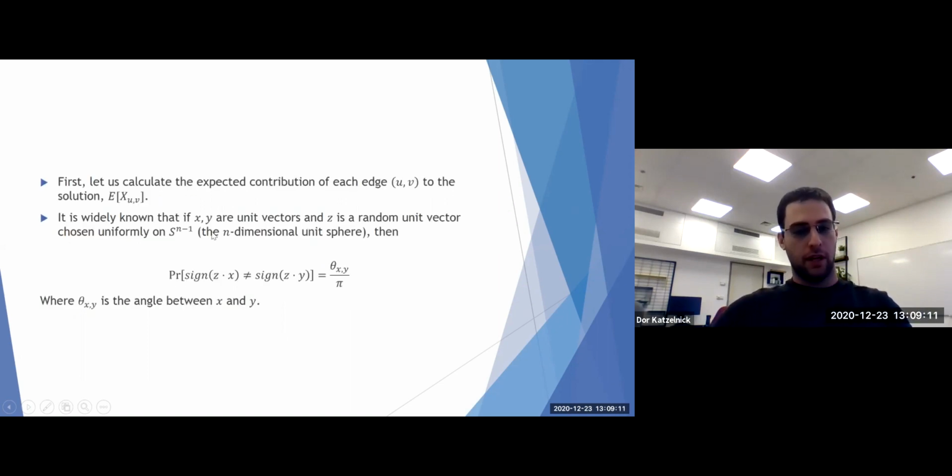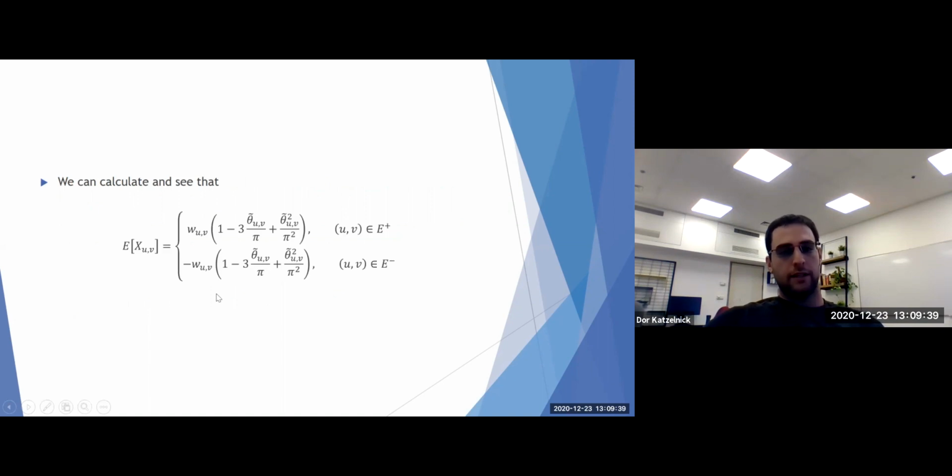Now, when we have this fact, we can use it to calculate the expected contribution of every edge. If you look at the algorithm, what we did is take one random hyperplane, then choose one of the clusters at random, and split it with another random hyperplane. So you can calculate the probability that 2 nodes will be in different clusters, and then you can get the expected contribution, and it will be this value.